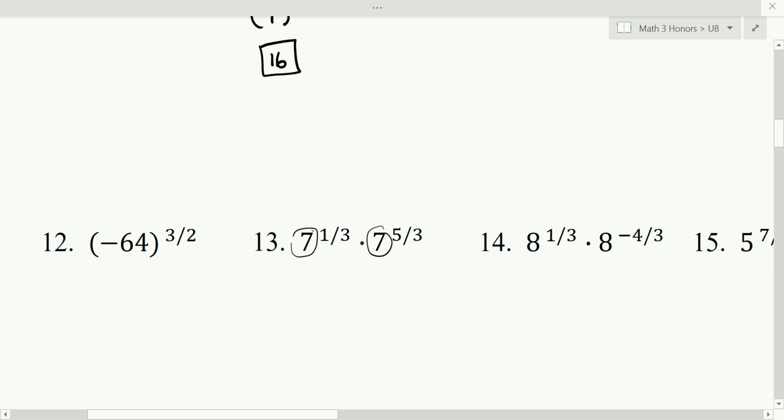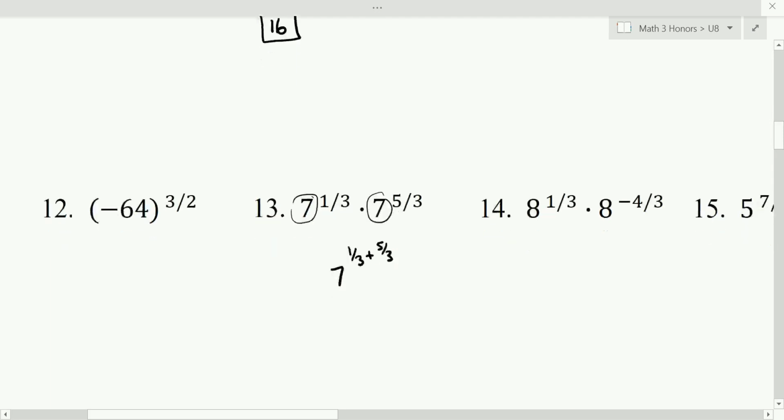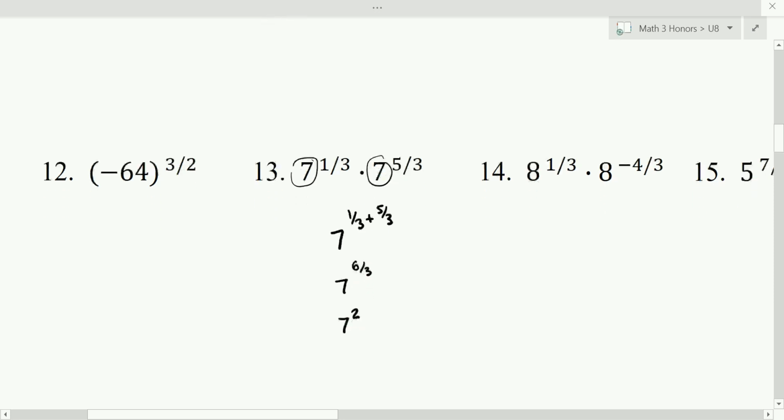What's the exponential rule? When the bases are the same and you're trying to multiply, you add your exponents. So this would be 7 to the 1/3 plus 5/3. And common denominator, so we can add that, and we get 7 to the 6/3, or 7 squared, which is 49.